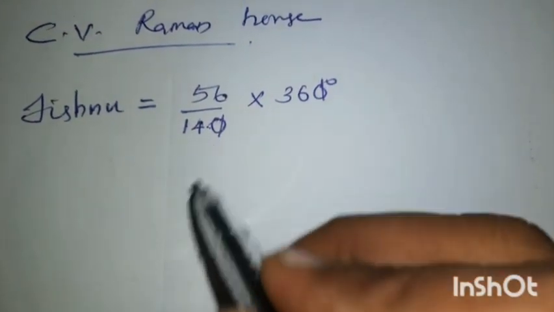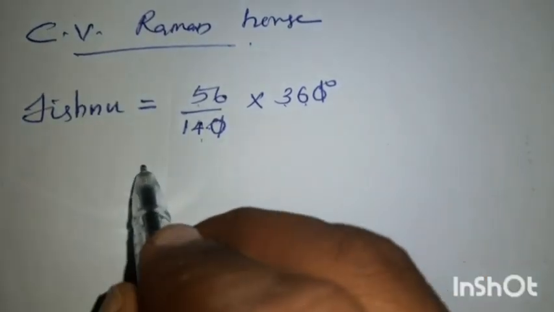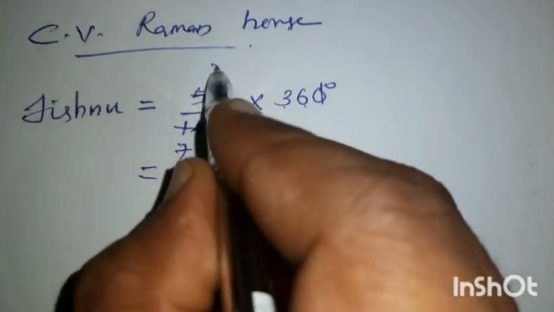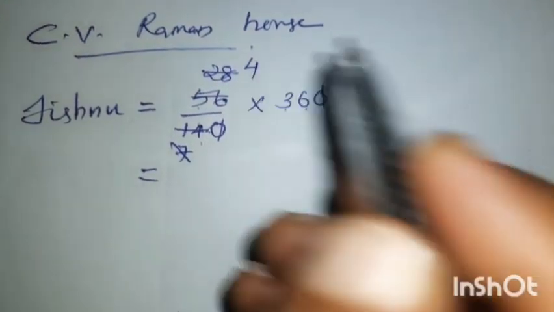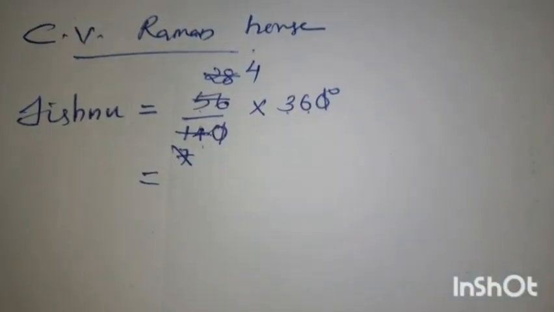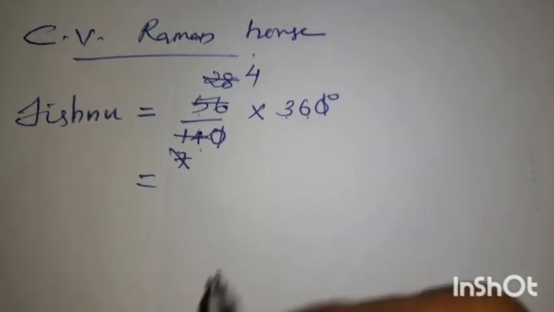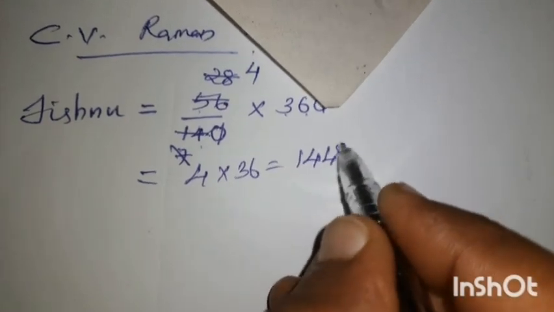So 0 is cancelled. 56 into 36 divided by 14. You can divide with 2, you will get 7 here and 28. 7 4s are 28. So 36 into 4 you have to find out, and if you multiply 4 into 36, you are getting 144 degree.